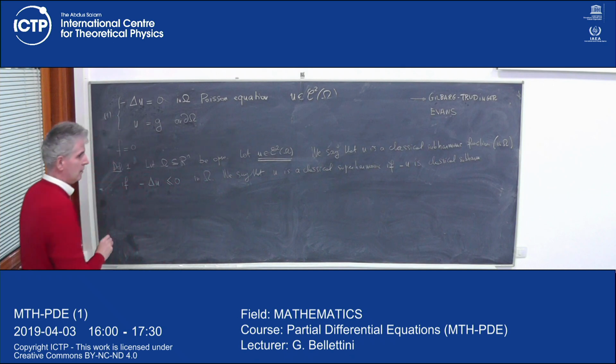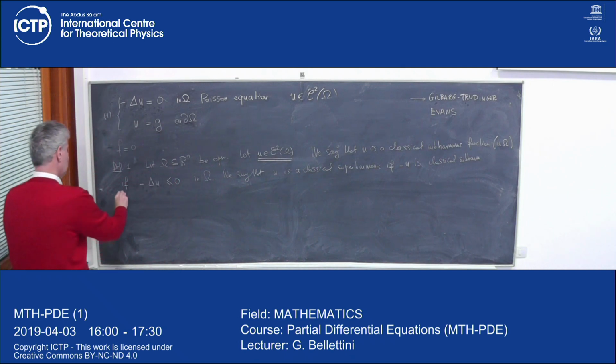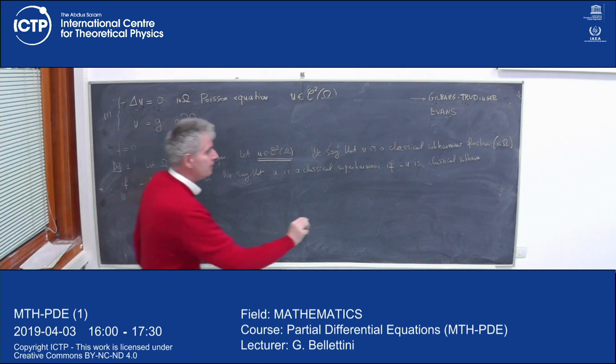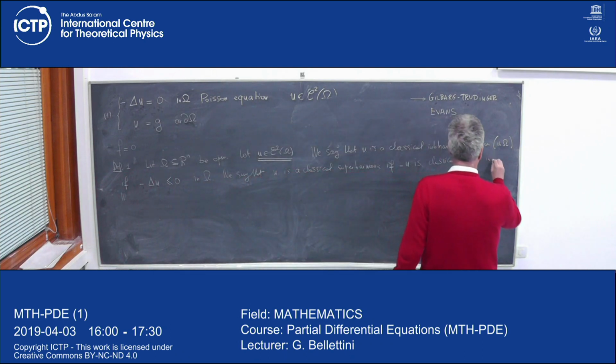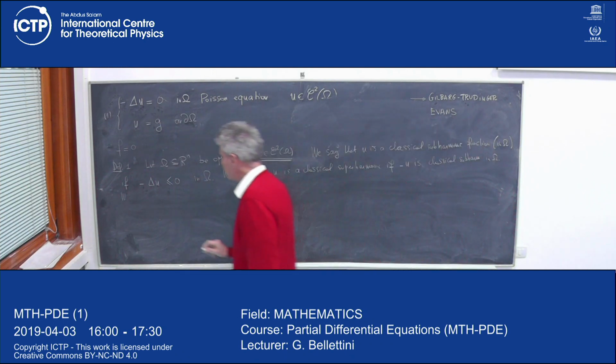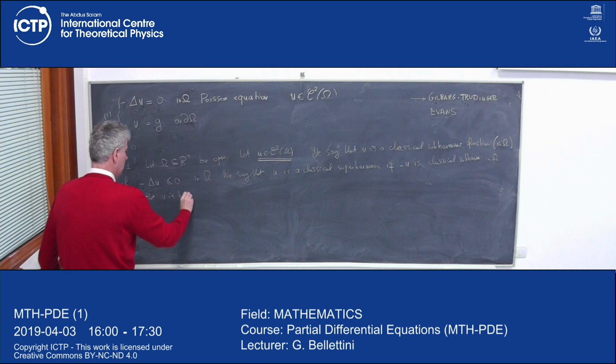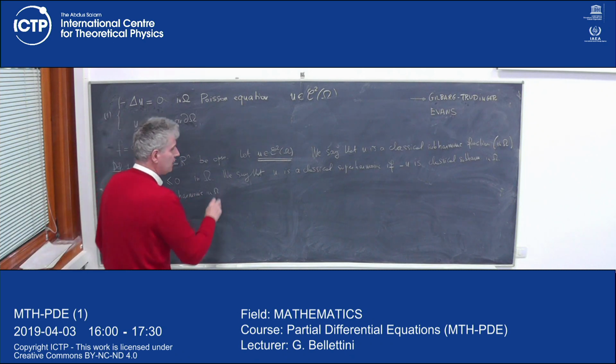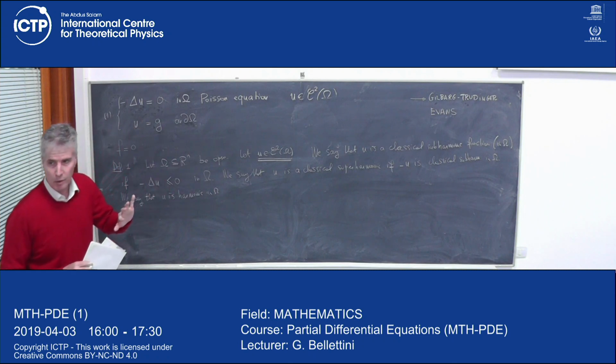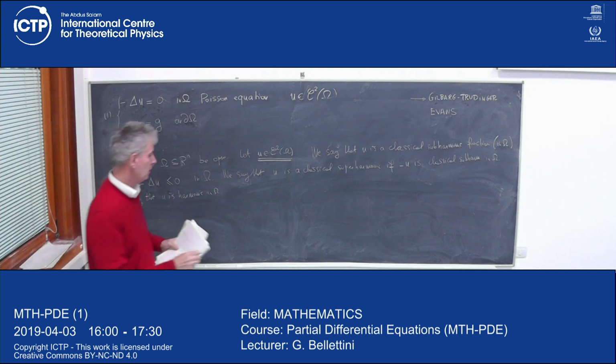And we say that U in C2 is harmonic in omega if it is at the same time subharmonic and superharmonic in omega.